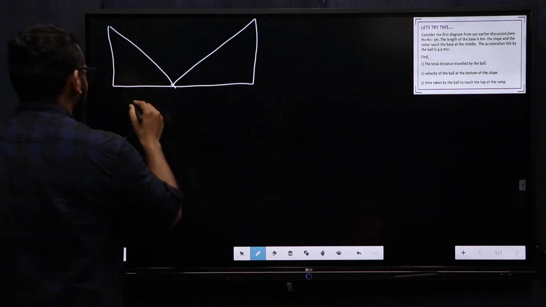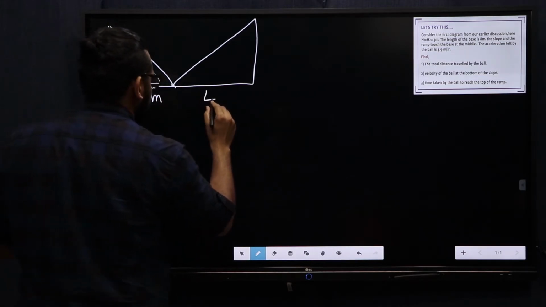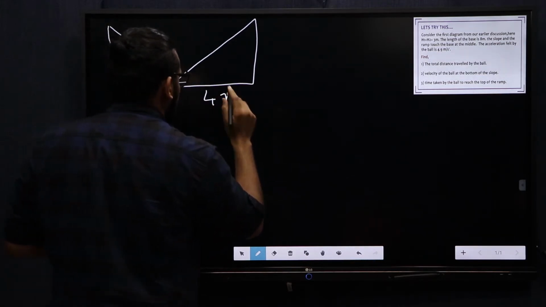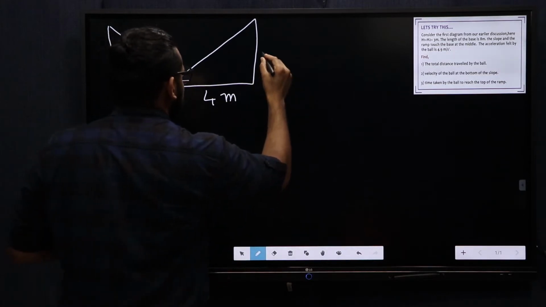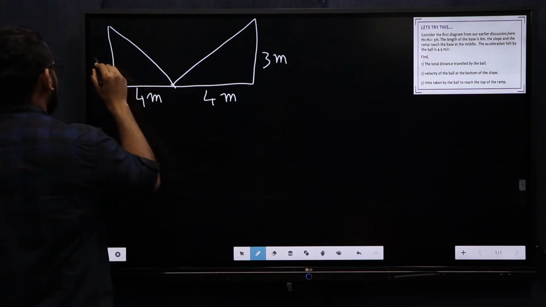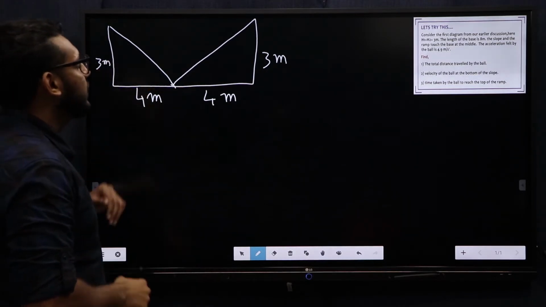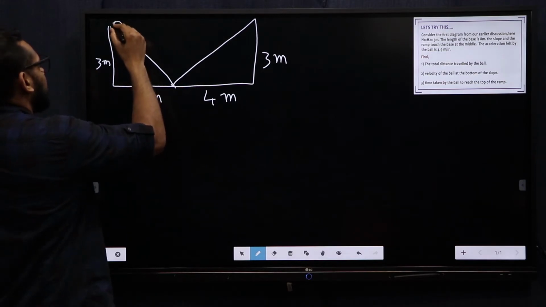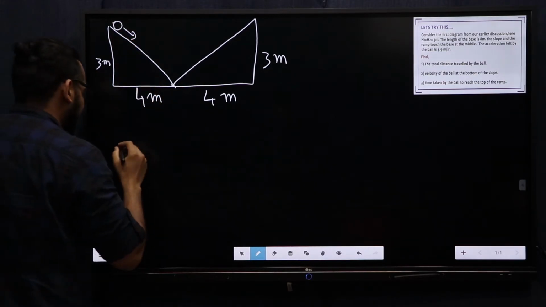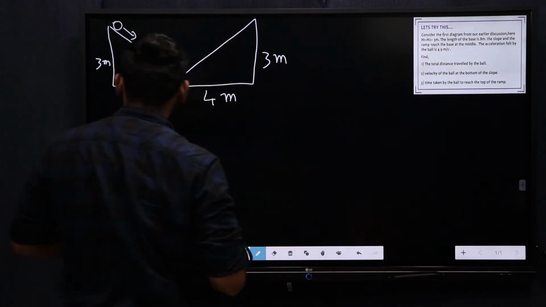So, that would be 4 meters here and 4 meters here. Now, we know that the height was given as 3 meters and both sides 3 meters. Now, we know that this ball was released from here and it had an acceleration of 4.9 meter per second square.